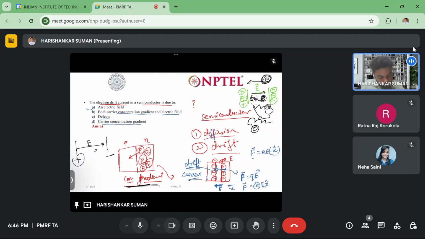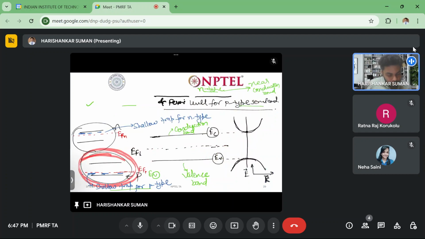If an electron is there, it feels a force due to the Coulombic force and drifts, moving opposite to the field, since the electron has negative charge. If there is movement of charge carriers, then current will be there. This current is known as drift current, which is due to the electric field. Okay.